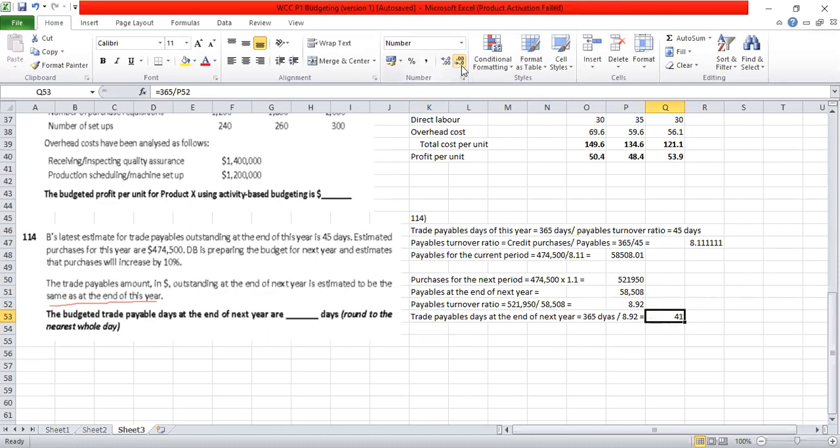Just round it off, and because it is a number of days, 41 days. That will be the answer.